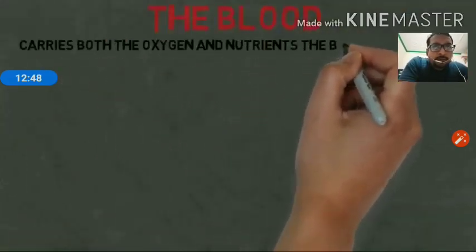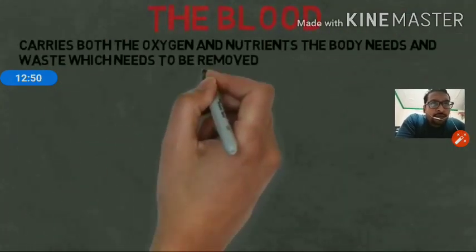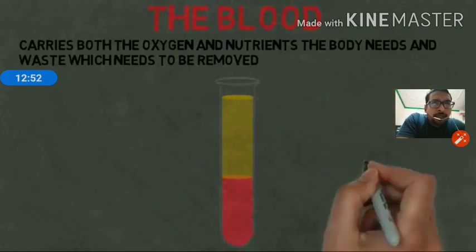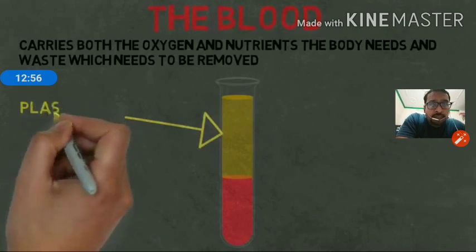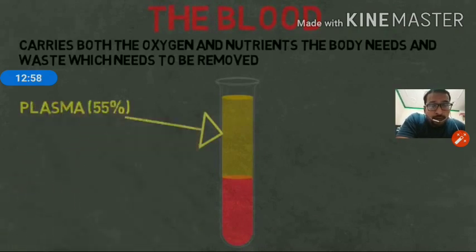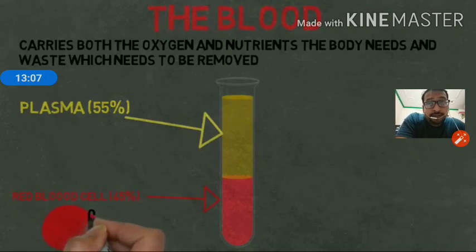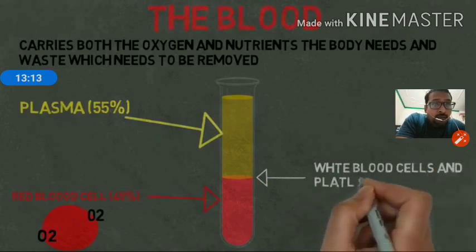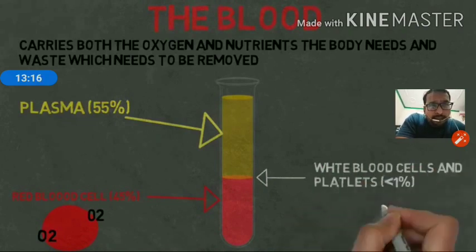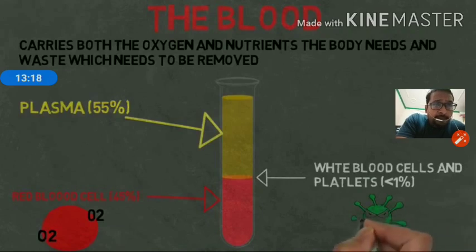It carries oxygen and the nutrients the body needs, and waste which needs to be removed. 55% of our blood is plasma and 45% is red blood cells, and only 1% or less is white blood cells and platelets.